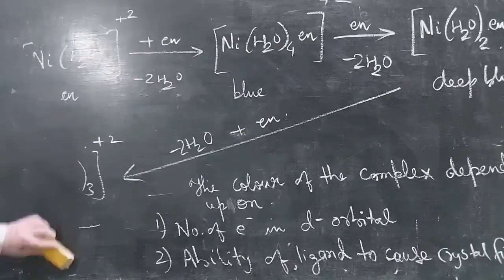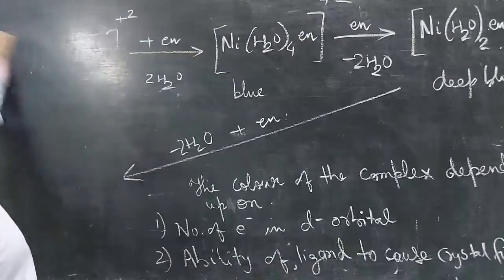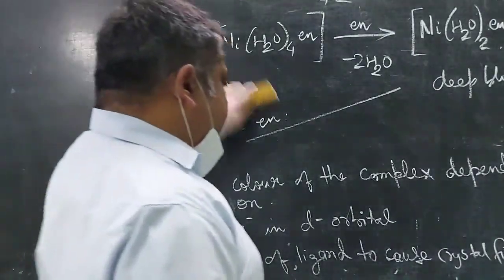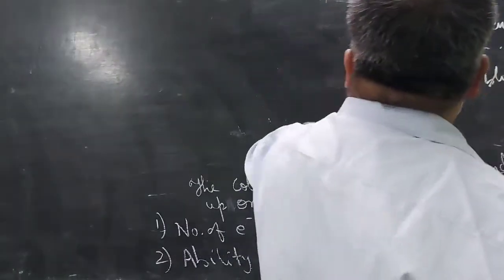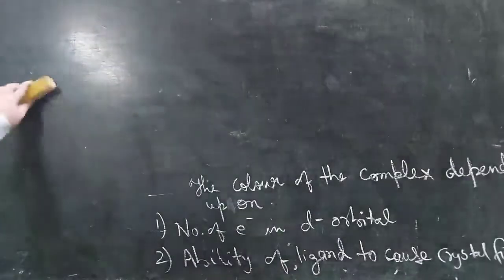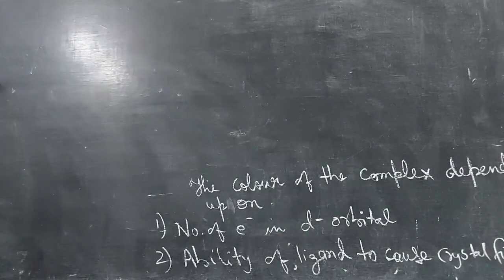If we arrange the ligands in the increasing order of their crystal field splitting ability, then we call that the spectrochemical series.